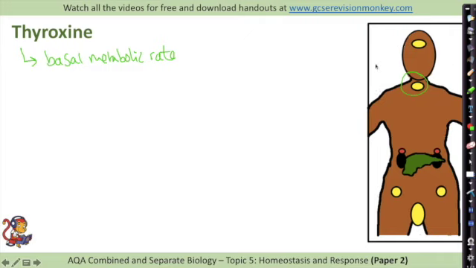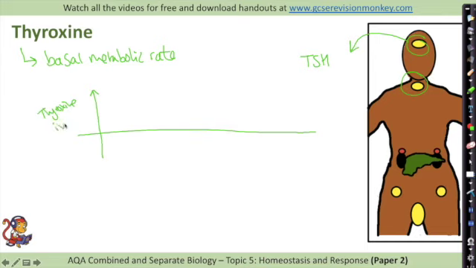It is also controlled by a hormone in the pituitary gland called the thyroid stimulating hormone, and it's involved in a negative feedback cycle. If you look at the thyroxine levels in blood, they will go up and down, but these levels are controlled by the presence of TSH.